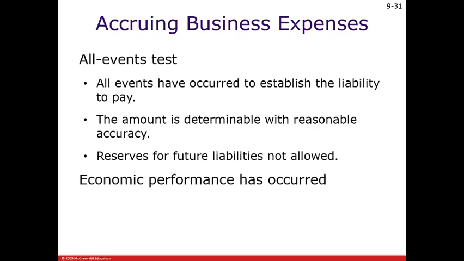And so for that, it says for a business to recognize a deduction, the events that establish the liability giving rise to the deduction must have occurred, and the amount of the liability must be determinable with reasonable accuracy. Pretty simple.